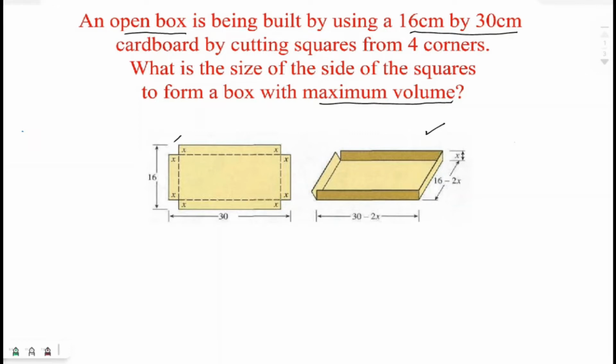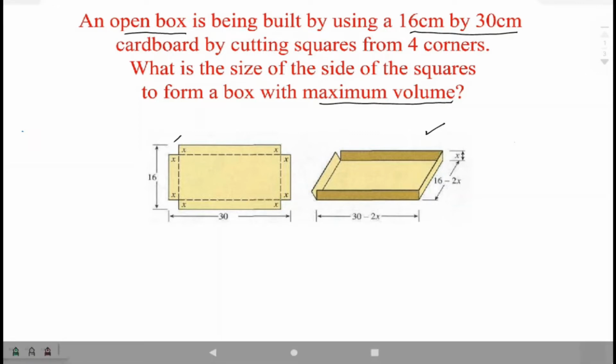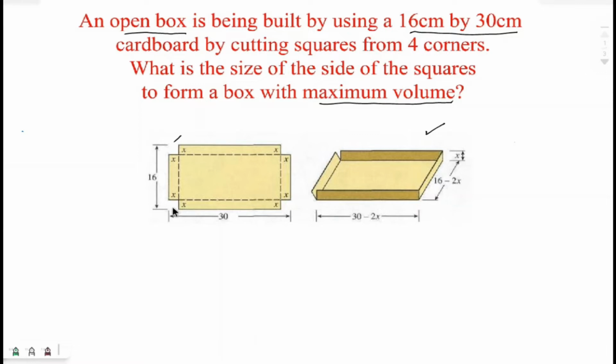And now you can see that since we have removed x from here and x from here, 1 square from here and 1 square from here, the length of this box would be different than the length of this cardboard. It is actually 30 minus 2x.